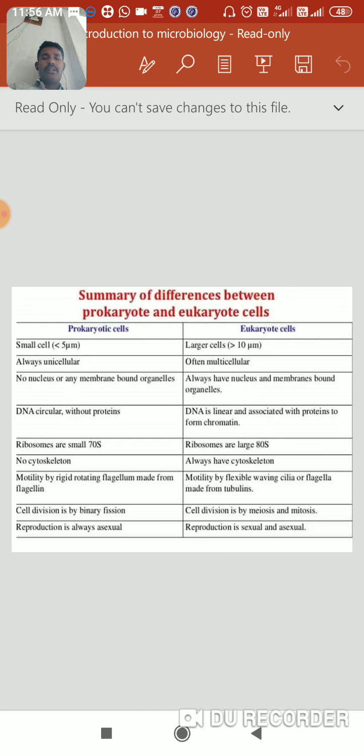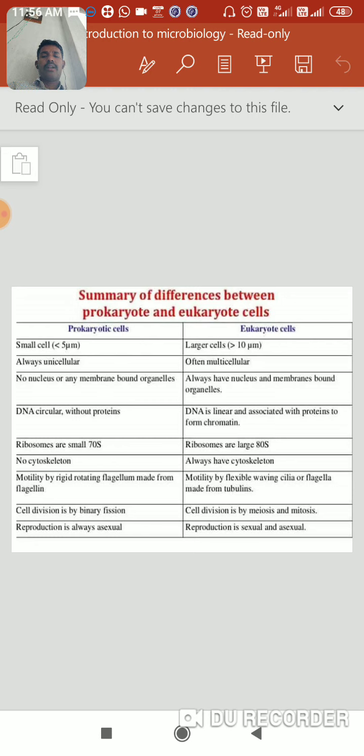Prokaryotic cells are always unicellular, whereas eukaryotic cells are often multicellular. In prokaryotic cells, no nucleus or membrane bound organelles are present. In eukaryotic cells, the nucleus and membrane bound organelles are present, like mitochondria and chloroplast.